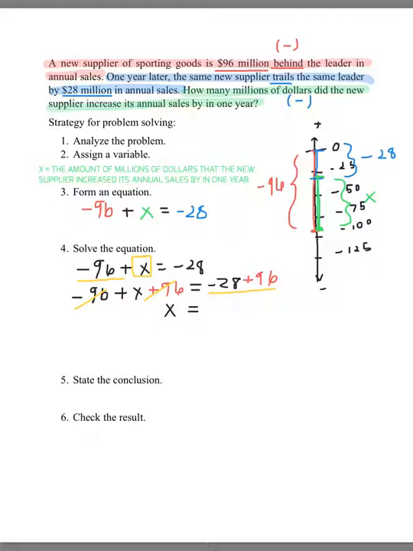Now here's a cool little trick. Since addition is commutative, meaning the order doesn't matter, and we have addition on the right hand side, we could go ahead and swap the order. So negative 28 plus 96, that's the same thing as 96 plus a negative 28.